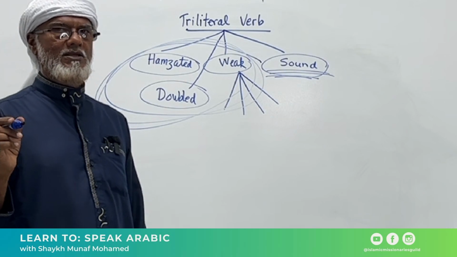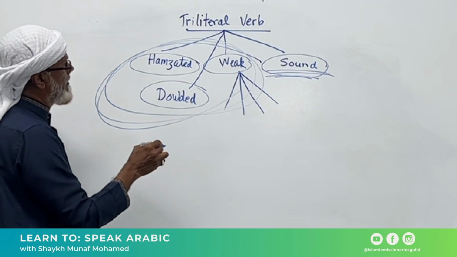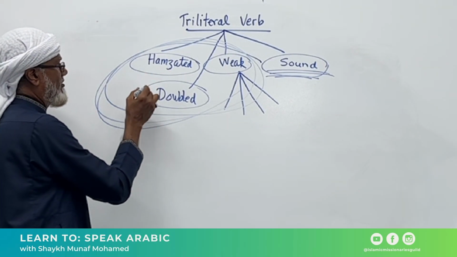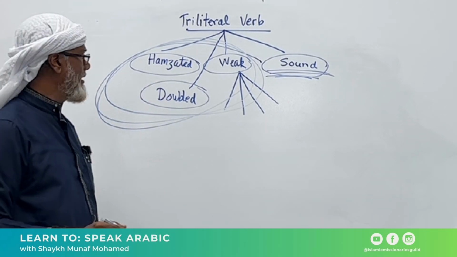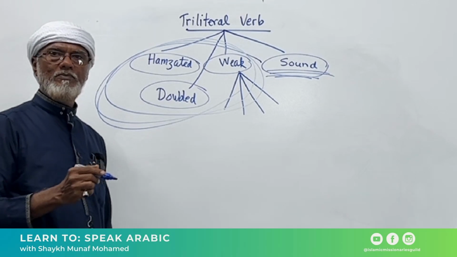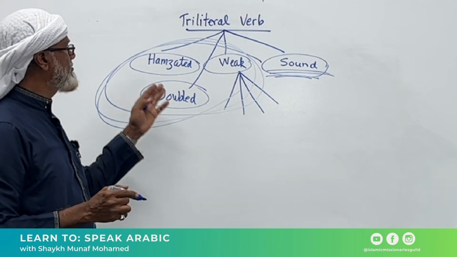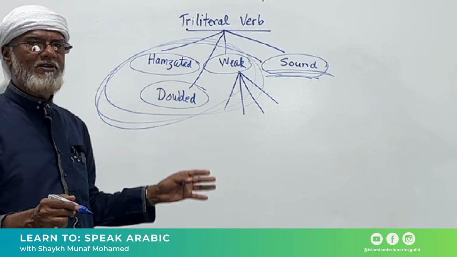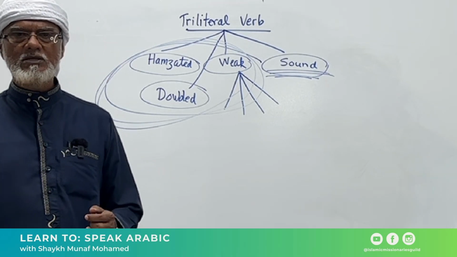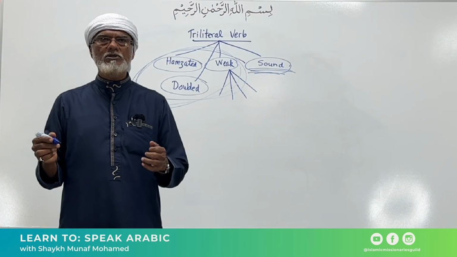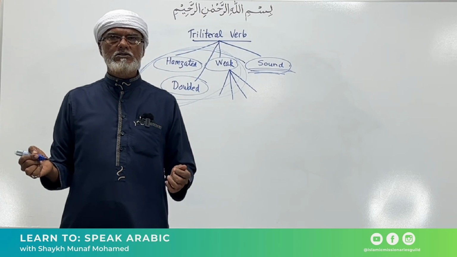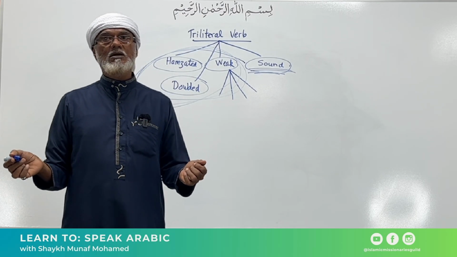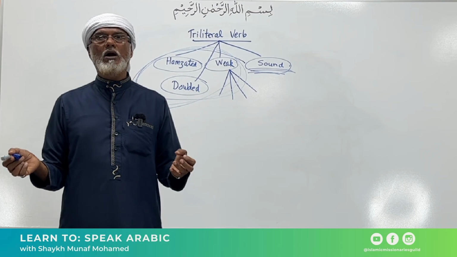All right, so today we would probably look at hamzated verbs, and if the time permits, we can also look at the doubled verb. All right? And these verbs are categorized in different categories because they somehow or somewhat differ when it comes to the imperfect tense and also with the command.